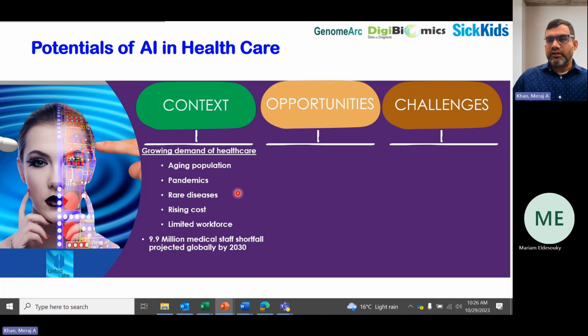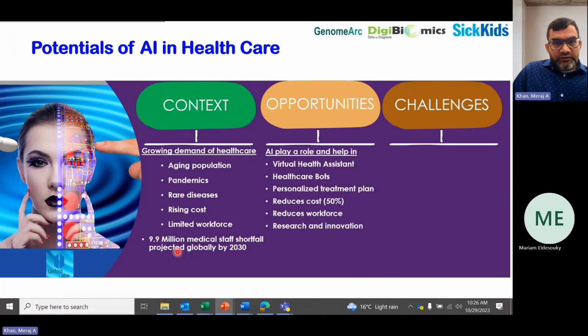Costs are rising, and we have a very limited workforce in healthcare systems, starting from A to Z, whether they are clinicians, other practitioners, or researchers. There is a forecast of around 9.9 million medical staff shortfall over the upcoming 6 to 7 years.